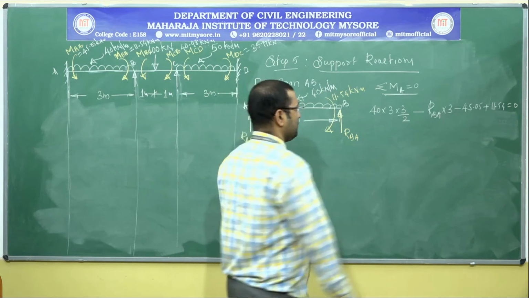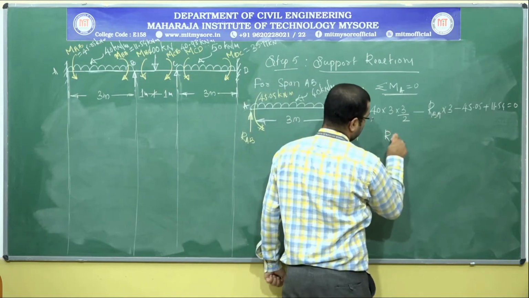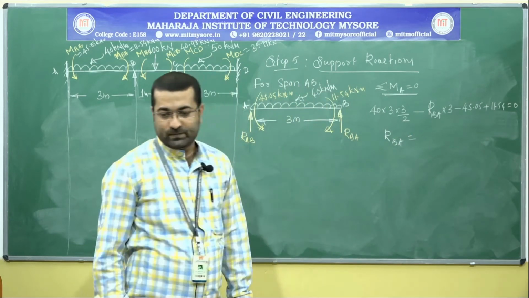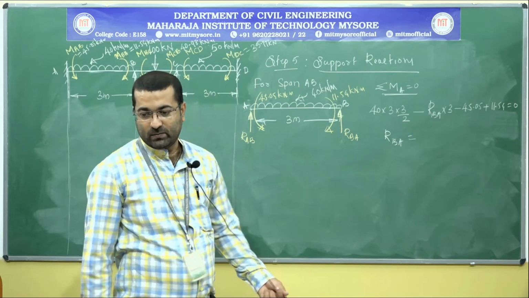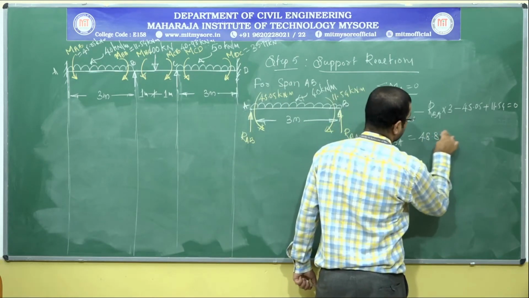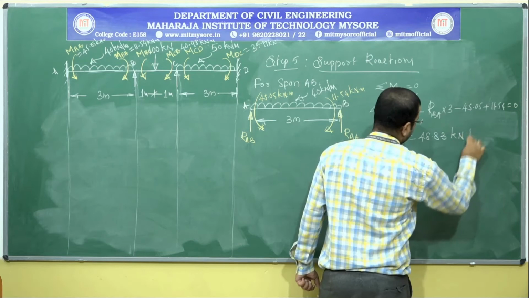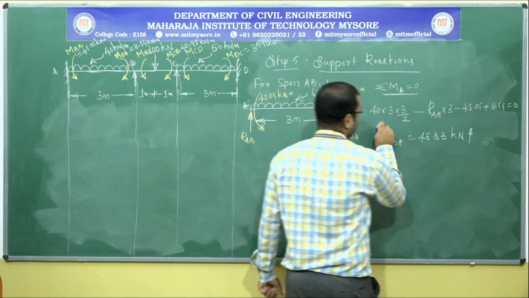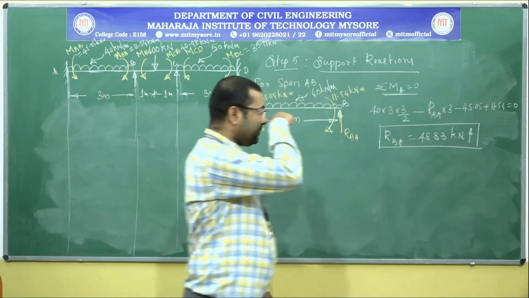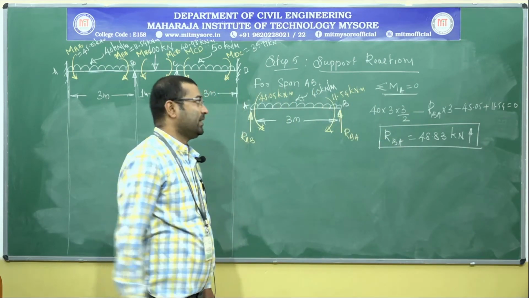In the entire equation we have RBA as the only unknown, so we can determine it very easily. That is RBA as 48.83 kilonewtons vertically upwards. So this is the reacting component at B, that is RBA.